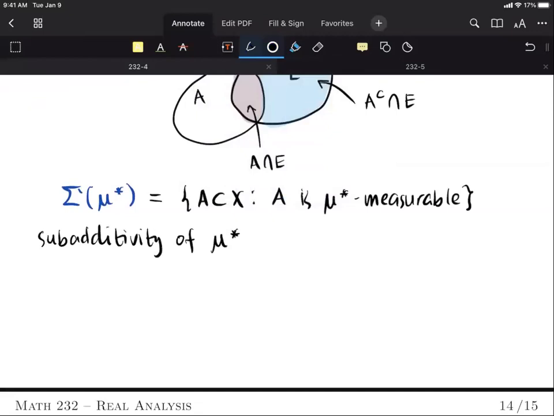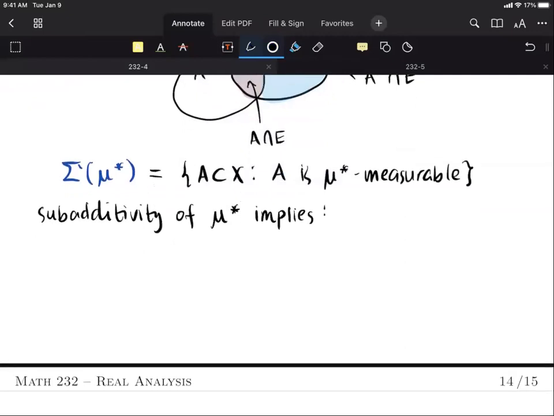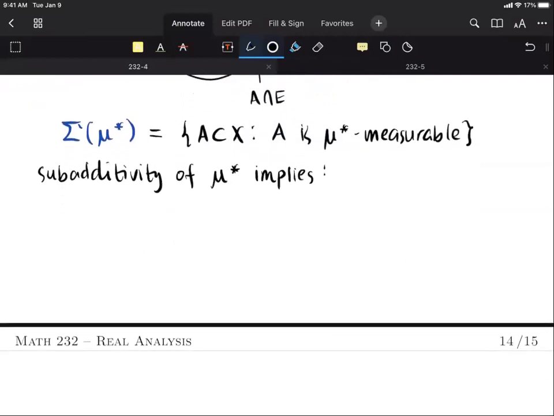So you can simply take all but a finite number of sets to be empty, and then you get subadditivity. So subadditivity of the outer measure implies the following alternative definition for measurability.